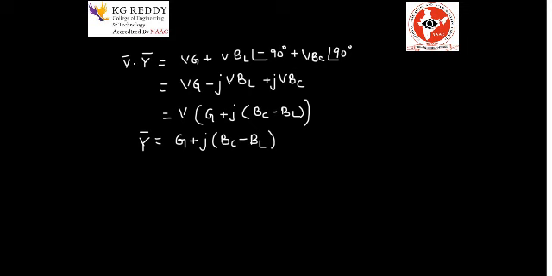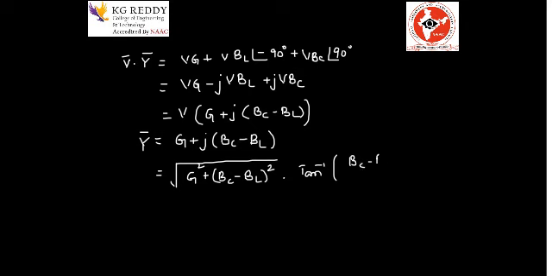Now if I want to calculate the magnitude, I will get the magnitude as square root of G squared plus (BC minus BL) whole squared, and the angle is tan inverse of imaginary by real, that is (BC minus BL) by G. BC minus BL combined together, we can write as B also. Now the nature of the circuit depends upon this BL minus BC quantity.